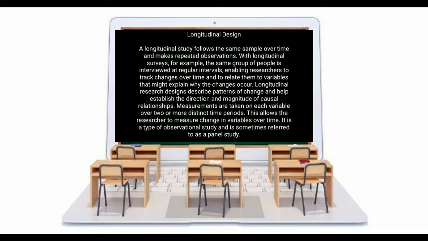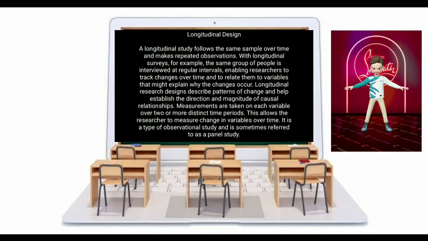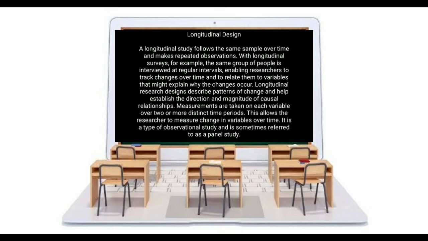Longitudinal research designs describe patterns of change and help establish the direction and magnitude of causal relationships. Measurements are taken on each variable over two or more distinct time periods. This allows the researcher to measure change in variables over time. It is a type of observational study and is sometimes referred to as a panel study.